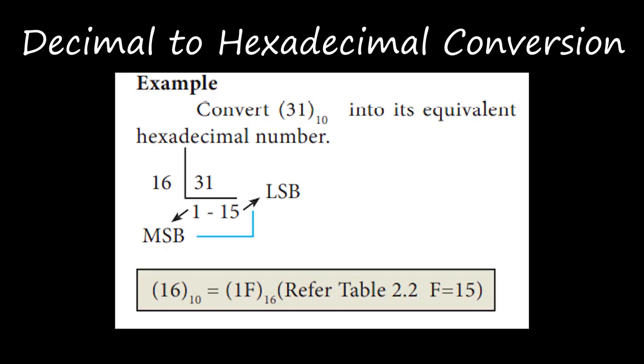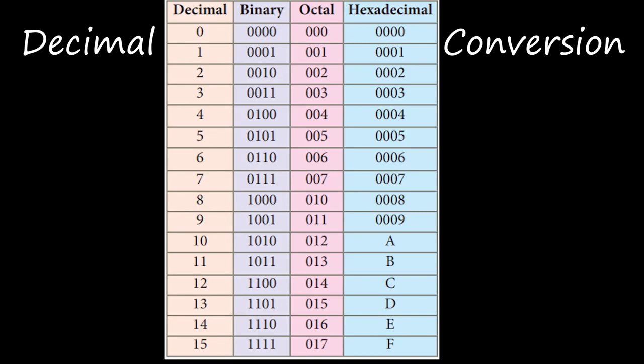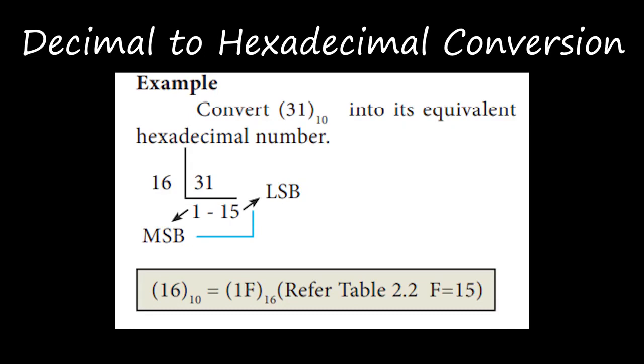Do you know what the value 15 is? It is F. Yesterday we saw a tabular column of hexadecimal values: 1 to 9, then A, B, C, D, E, F. So 10 means A, 11 means B, 12 means C, 13 means D, 14 means E, and 15 means F. So in the place of 15 we mention F, and the value for 31 is 1F.